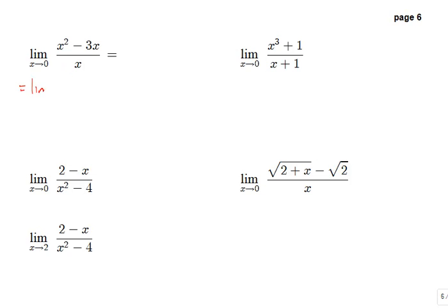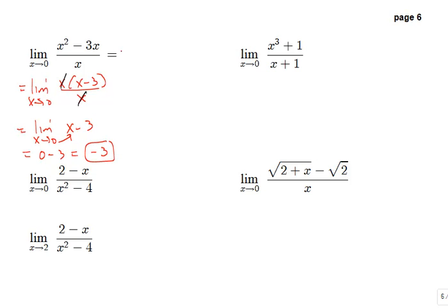This becomes the limit as x approaches 0 of x times x minus 3 all over x. The x's cancel out, giving me a simpler function, just that x minus 3, which does have a limit at 0. If I plug in 0 right here, we're going to get 0 minus 3, which is negative 3. So the limit of the original function up here is negative 3.